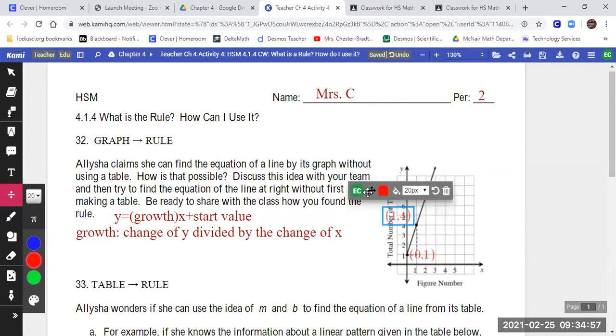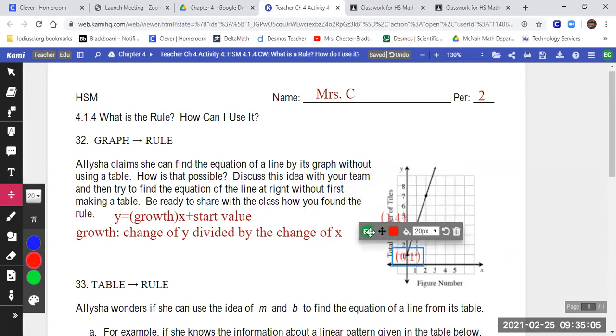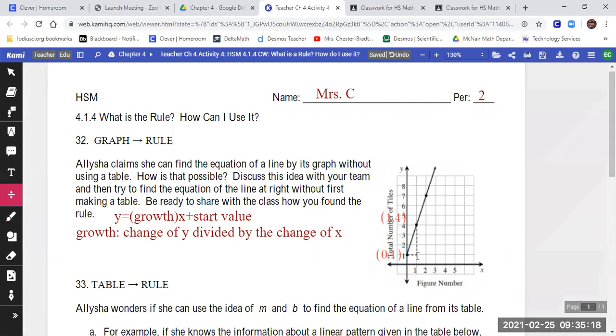If you notice, they drew this cute little triangle in here, right? This is called the slope triangle. For our purposes, it's our growth triangle, okay? And all we're gonna do is count how much change there was from the one y to the next. So we're counting how tall is this triangle.